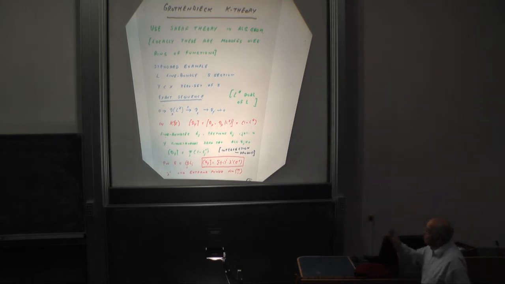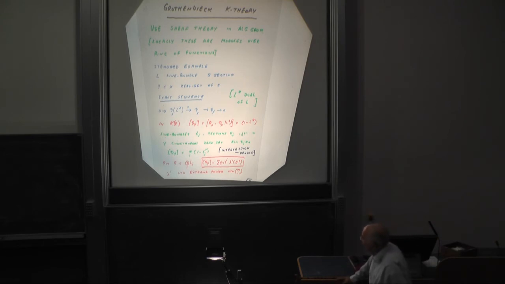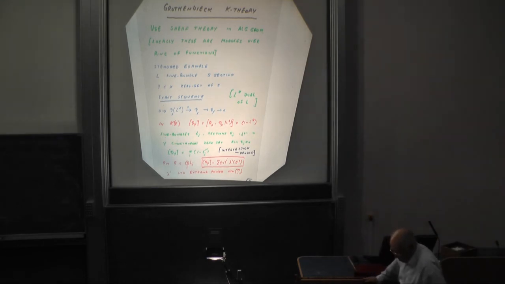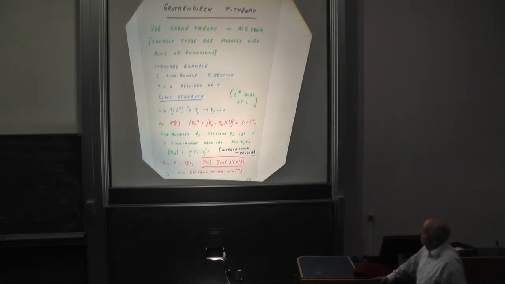So the section of L gives you a map from the ideal into the whole ring, just a language to describe elementary commutative algebra. But now this is what Grothendieck did. He now introduced his notion of K-groups of algebraic varieties.